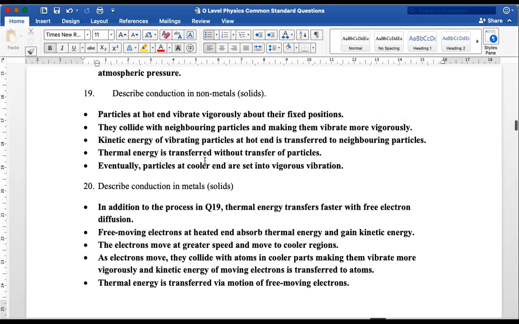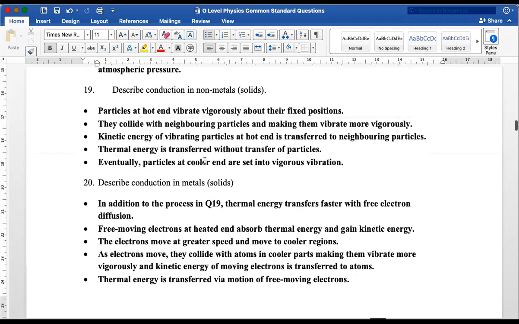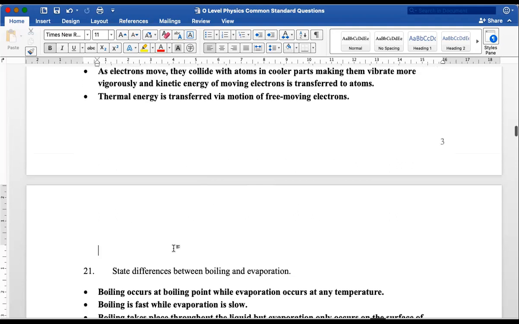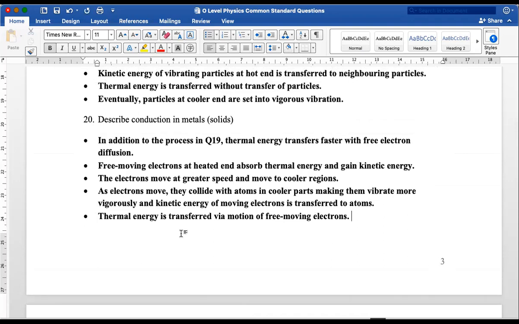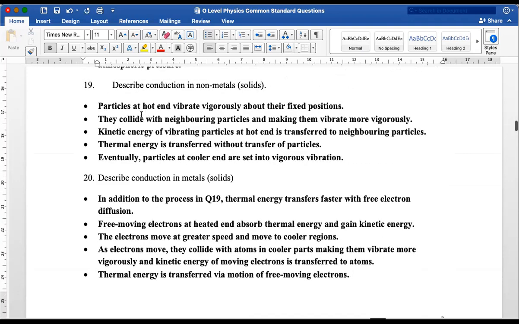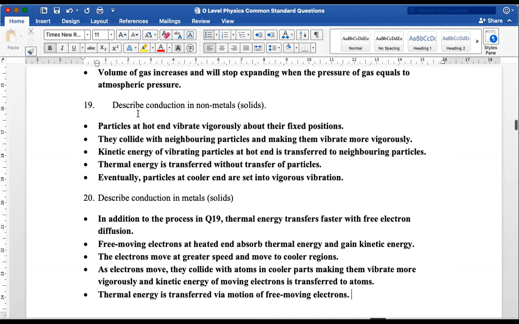Describe conduction in non-metals. Solids: particles at the hot end vibrate vigorously about their fixed positions. They collide with neighboring particles, making them vibrate more vigorously.